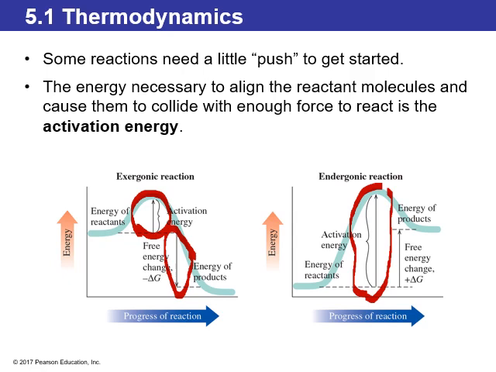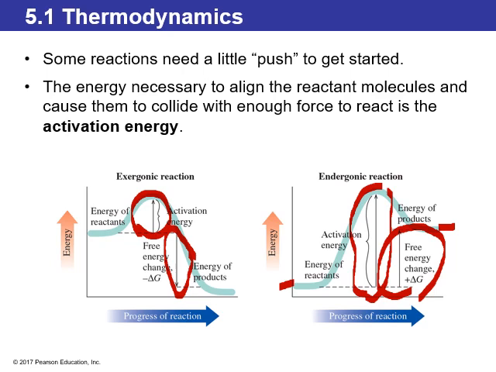And then the free energy change is shown here, and that's, again, the difference between the energy of the reactants and the energy of the products. I shouldn't say they require a lot more activation energy. That's incorrect. Their activation energy is going to be higher than their free energy change.